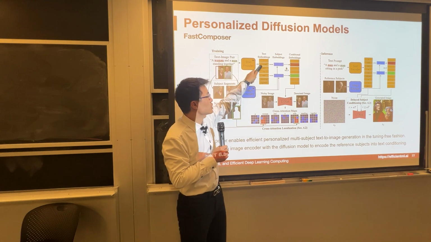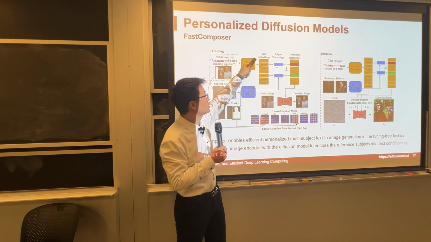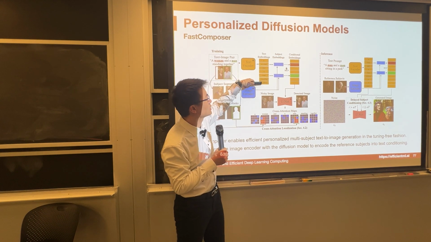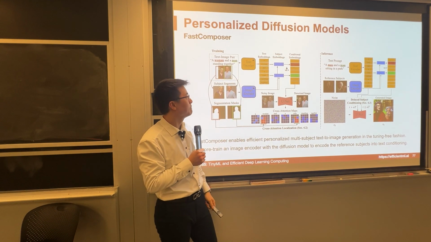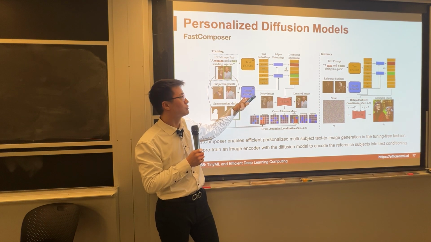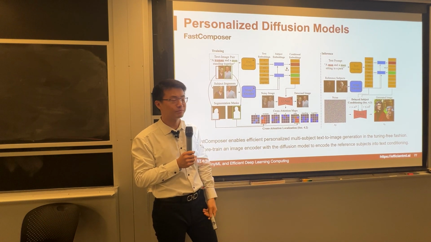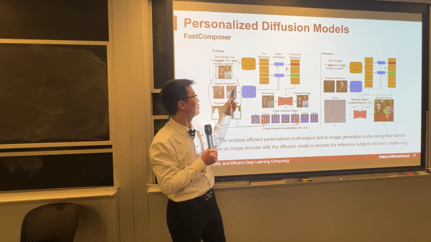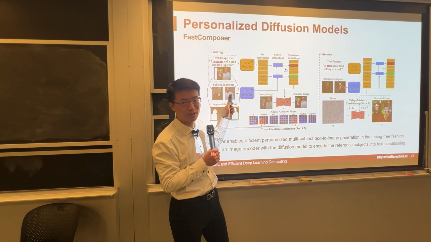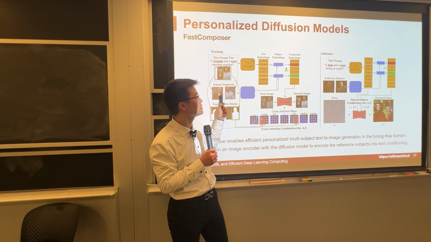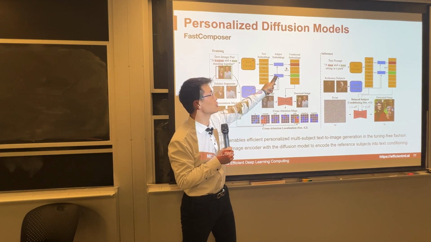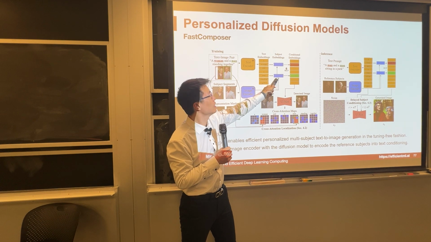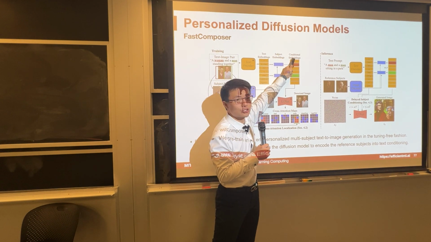Then you give the text prompt, pass it through the text encoder to get the text embedding, a woman and a man standing together. You pass the image through the image encoder, like the CLIP image encoder, and we concatenate. Since we know the man corresponds to this image and the woman corresponds to this image, we concatenate the features from the text embedding with the subject embedding, and then we get a conditional embedding.